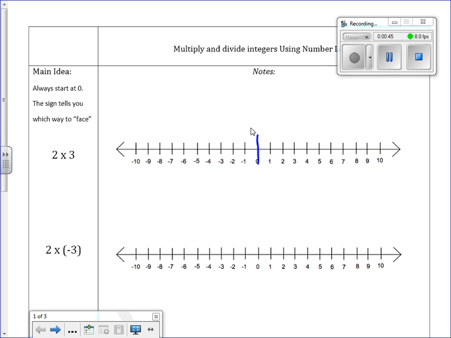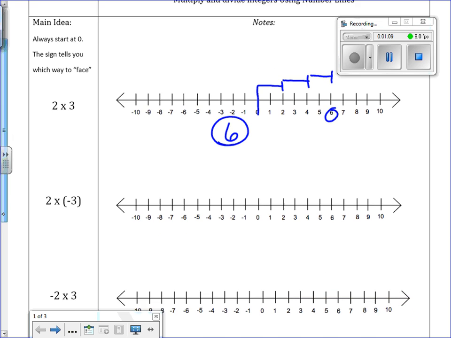So I'm going to move 2 spaces, 1, 2, move it again, 1, 2, move it again, 1, 2, 3 times. So I move 2 3 different times, and you'll see that I get a positive 6. And we should all know at this point that 2 times 3 is positive 6.